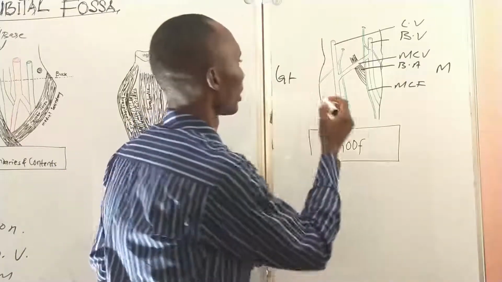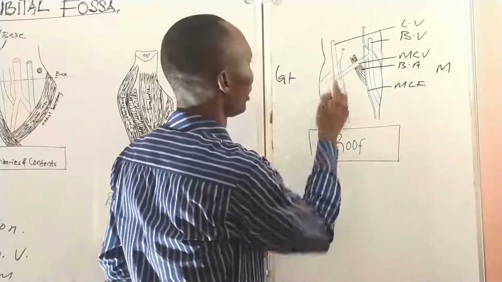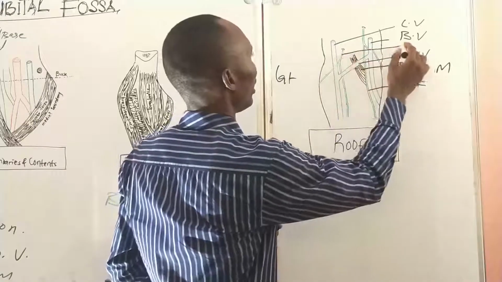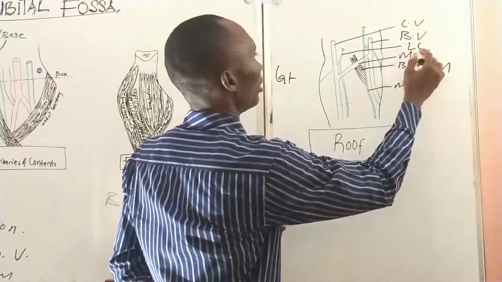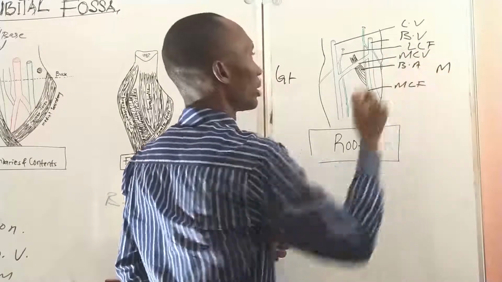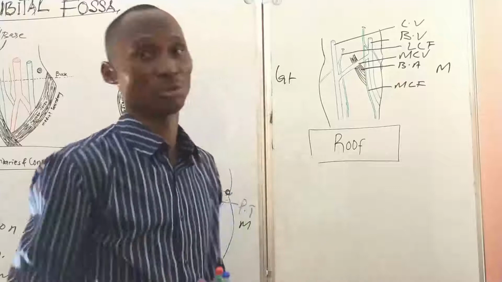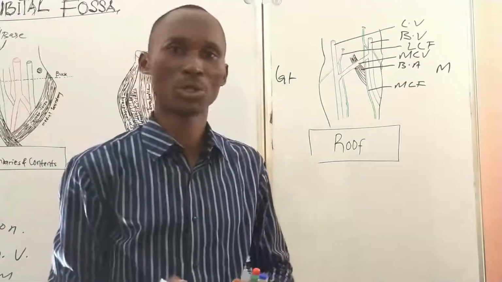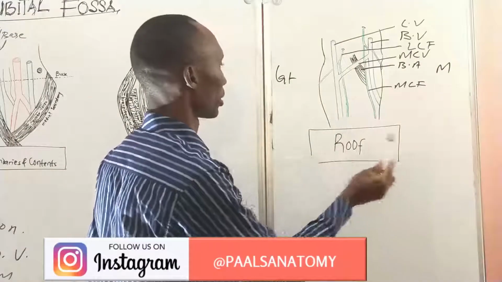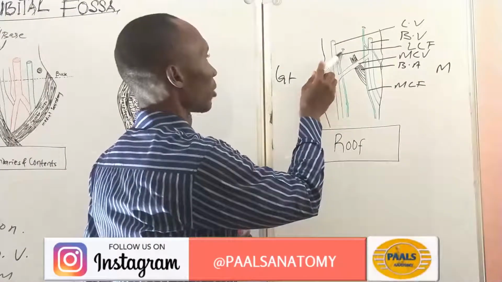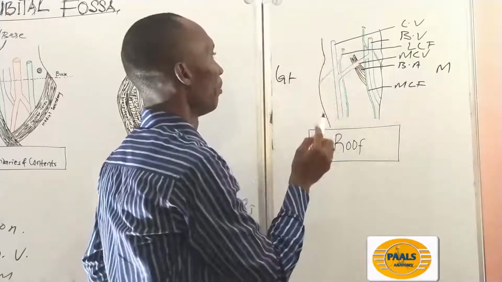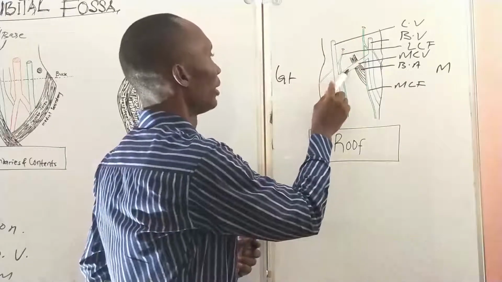At this other point, we are seeing the lateral cutaneous nerve of the forearm, which is actually a distal continuation of the musculocutaneous nerve. So we are seeing the two cutaneous nerves, the lateral and the medial cutaneous nerves of the forearm, and the median cubital vein.